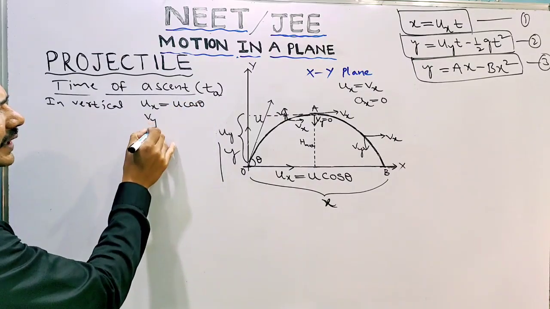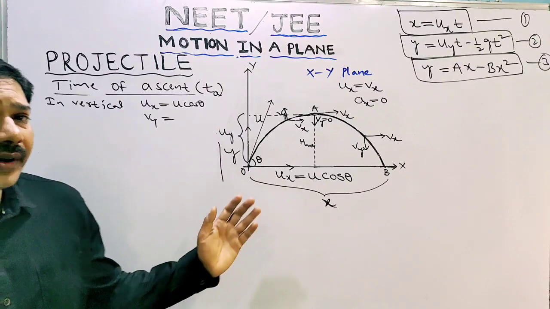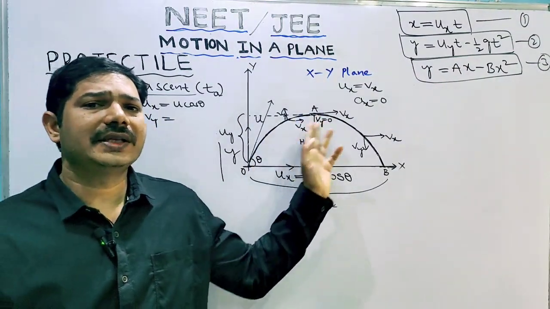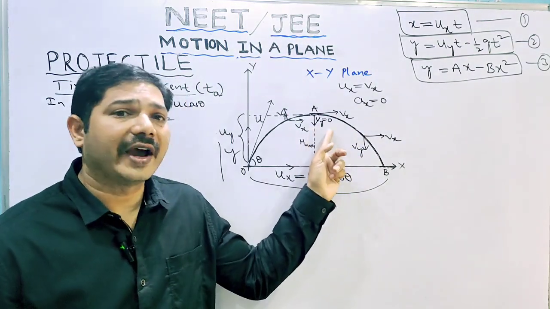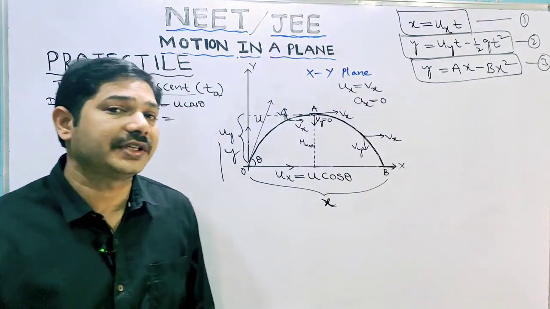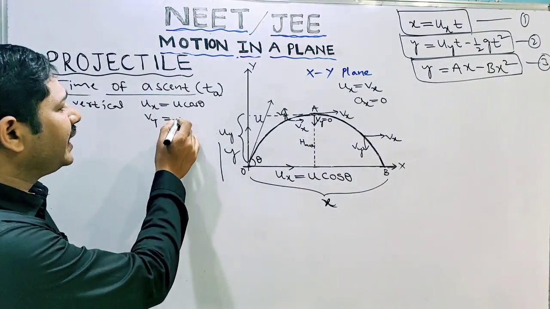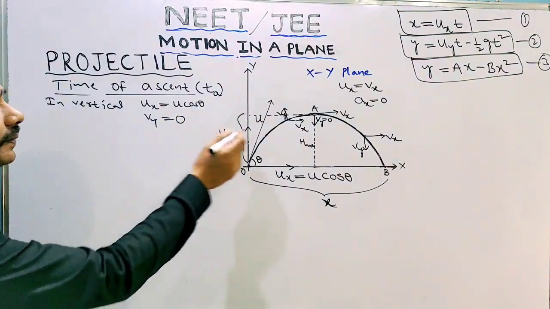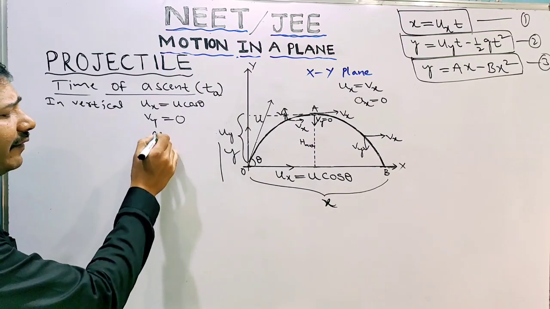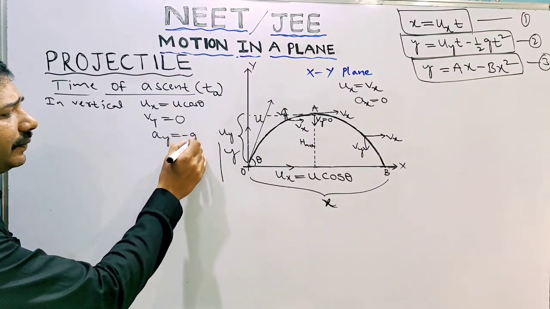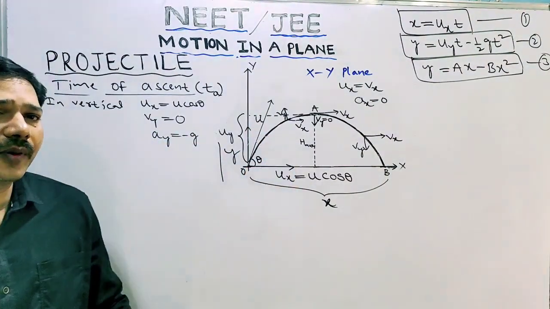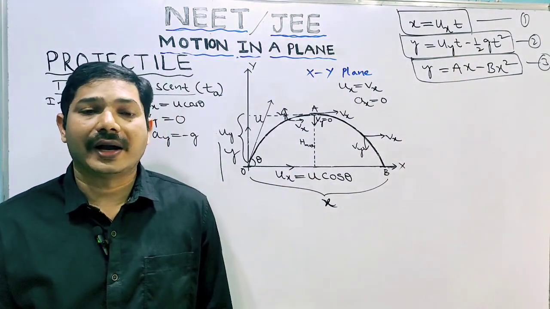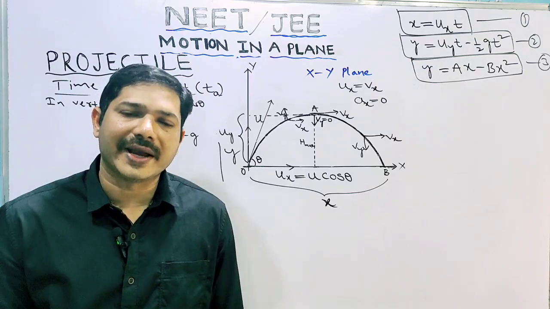To reach the maximum height, at maximum height the final vertical velocity is how much? 0. So Vy is 0. And acceleration ay is minus g. The body is going upward against gravity, so the acceleration is minus g.